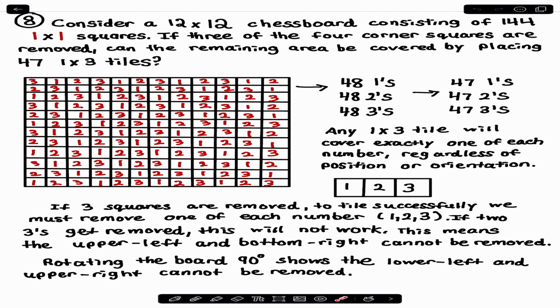For instance, if, let's say, we remove this 3 and we try to remove this 2 as well, no matter which one we choose, whether it's this one or this one, this next corner square that gets removed, we are going to have a pair that is completely opposite to each other, which is not what we want.